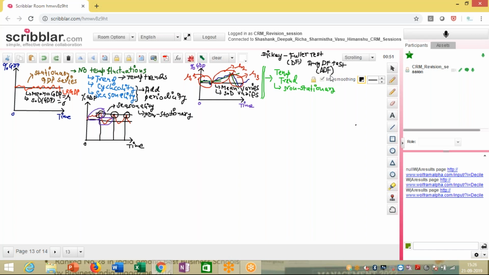Now to define these tests, we need to define something called an AR process, or an autoregressive process.